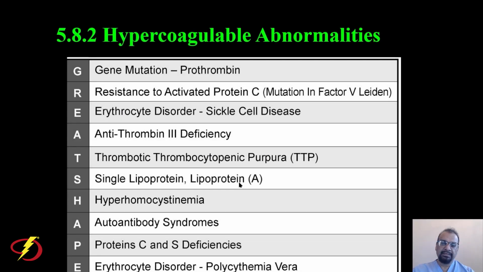There are a lot of things that could cause hypercoagulation, and this mnemonic, RATE SHAPE, allows us to think of these things such as gene mutations, activated protein C, sickle cell, antithrombin 3 deficiency, thrombotic thrombocytopenic purpura, lipoprotein A, hyperhomocysteinemia, and by the way, I find this very often in my patients, autoantibody syndromes, protein C and S deficiencies, erythrocyte disorders such as polycythemia vera.